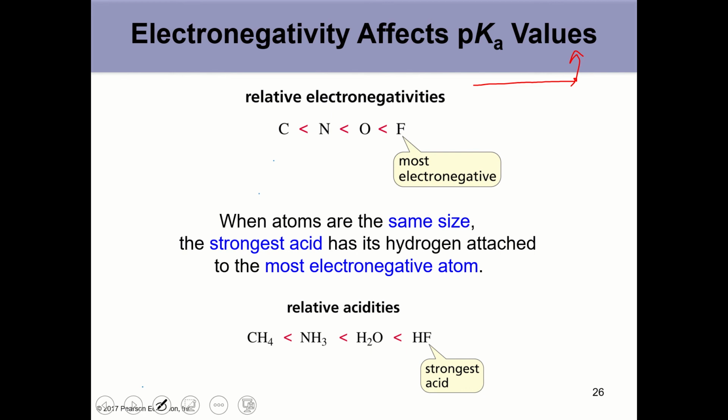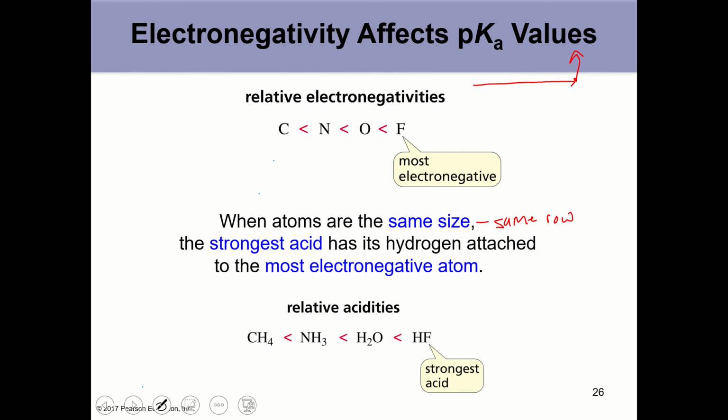When we compare atoms of the same size, meaning same row, typically, the strongest acid has its hydrogen attached to the most electronegative atom.